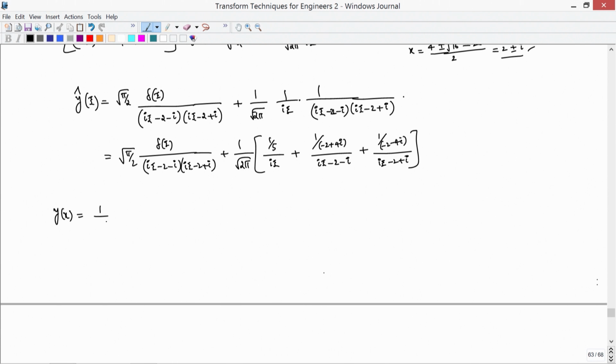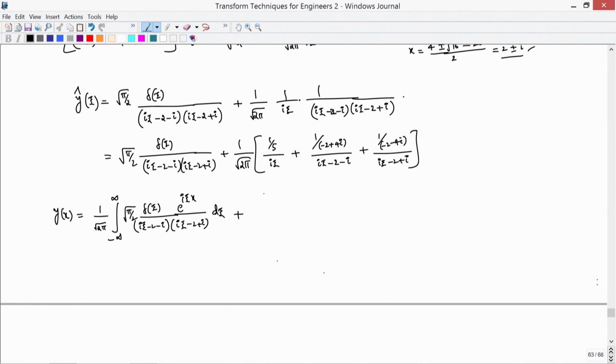You use the inverse transform definition, that is 1 over 2 pi, integral from minus infinity to infinity of root pi by 2 delta function divided by i xi minus 2 minus i and then i xi minus 2 plus i, times e power i xi x d xi. And because of the delta function, you can simply substitute xi equal to 0, that will give the value of this integral.